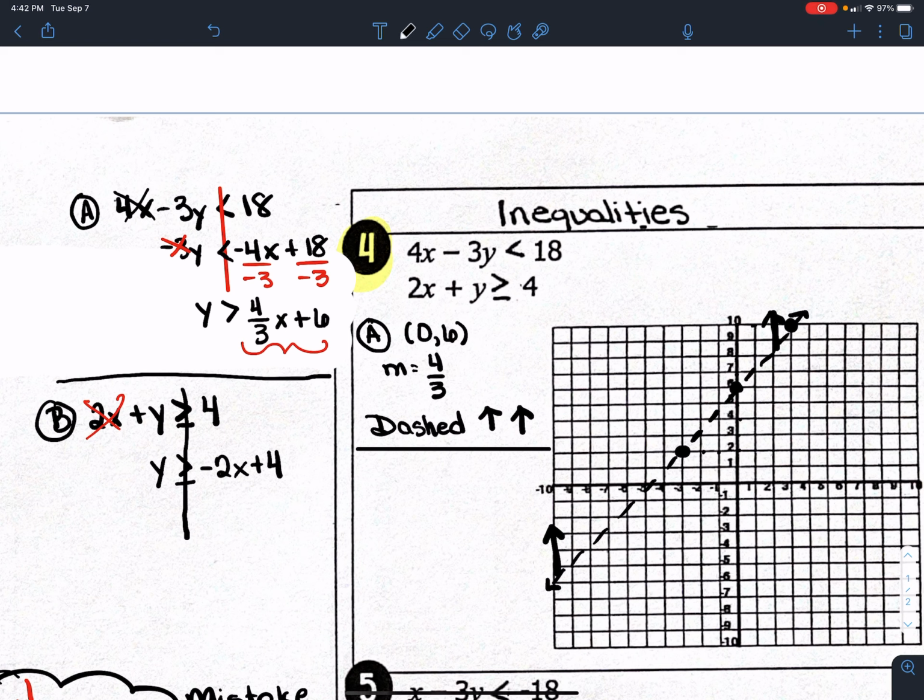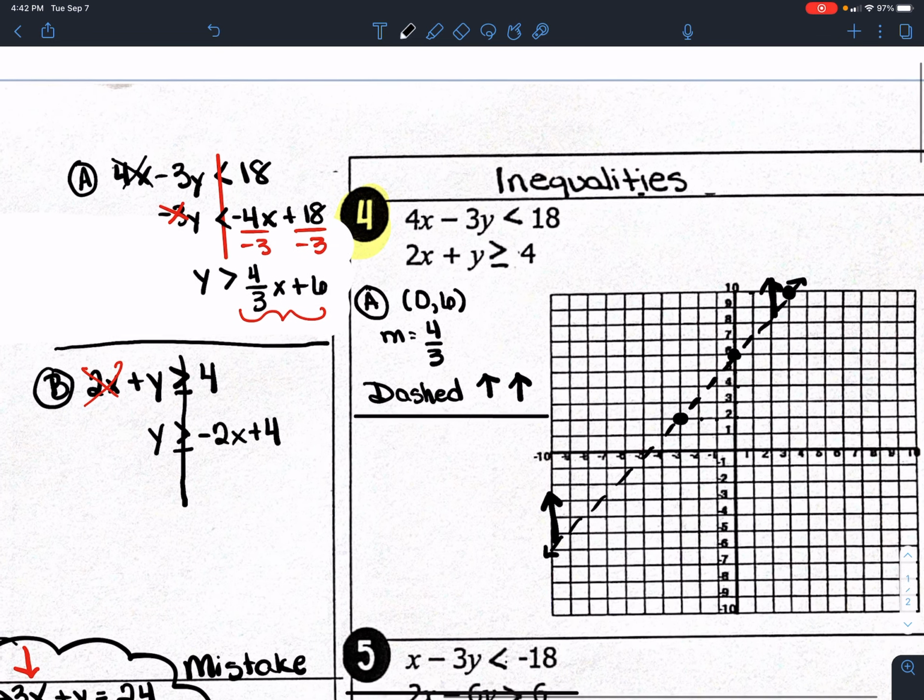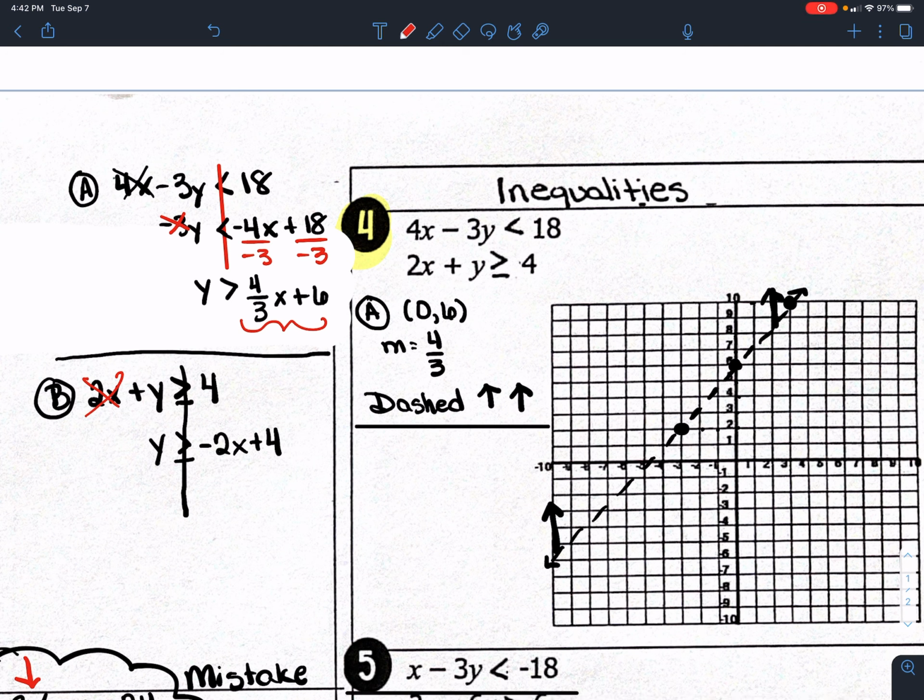Okay, in this case, y is now by itself. There is no negative or coefficient that I have to divide off. So for equation B, the y-intercept is at 0, 4. The slope is -2, or -2/1.